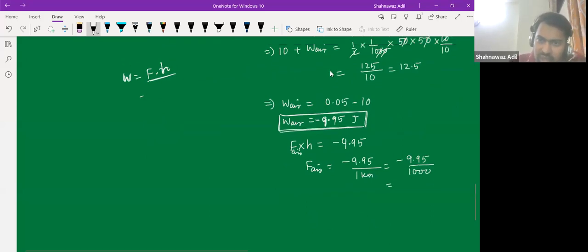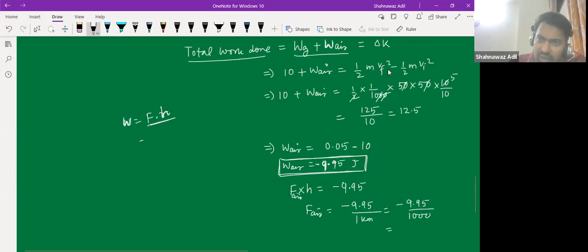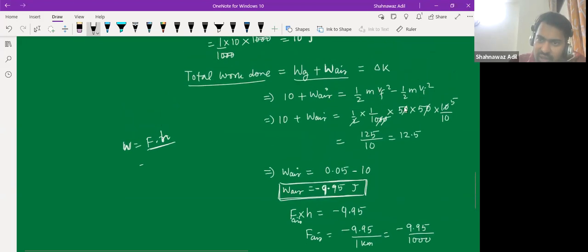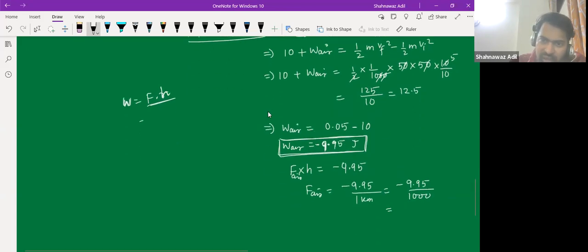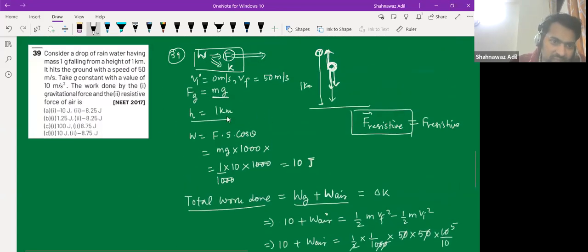So this should be 125, 12.5 minus 10, so this is 2.5 here. The m g, m is 1 gram times 10, so this is 10, so that is correct.